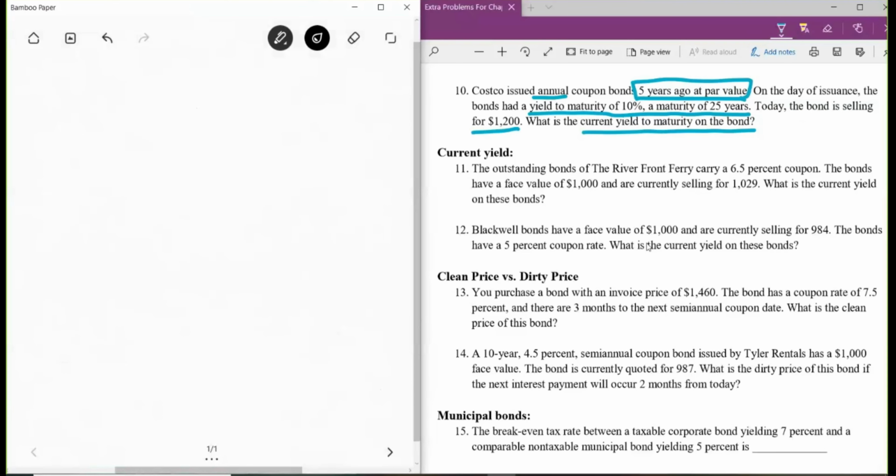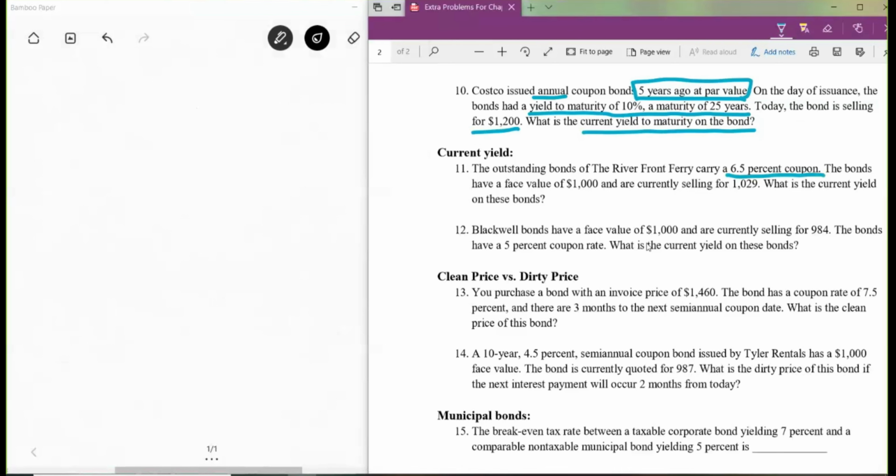Okay, now for number 11. The outstanding bonds of the Riverfront Ferry carry a 6.5% coupon. Bonds have a face value of 1,000. They are currently selling for 1,029. What is the current yield on these bonds?